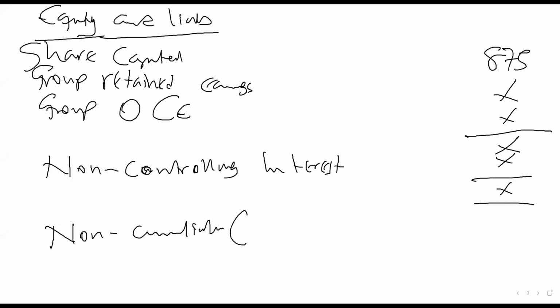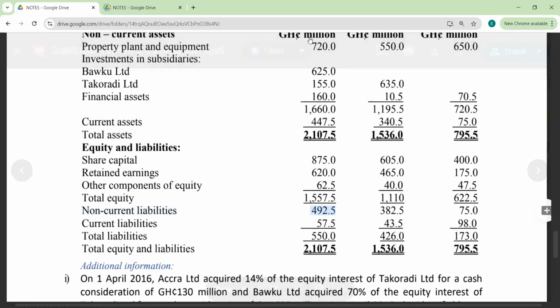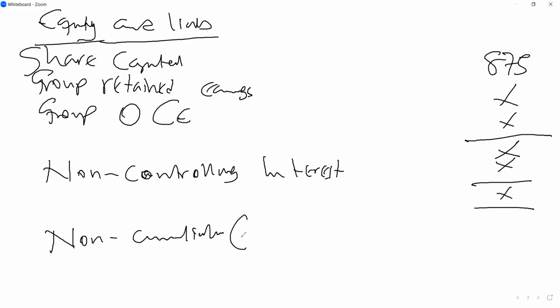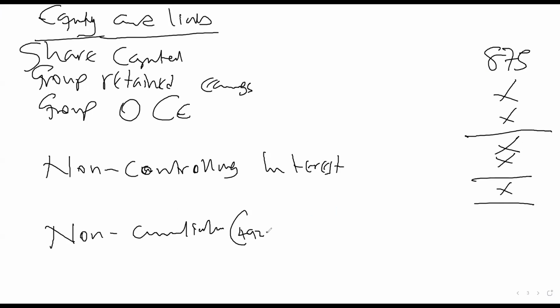Non-current liability, what are the figures? 492.5. 382.5. 75. That's all.